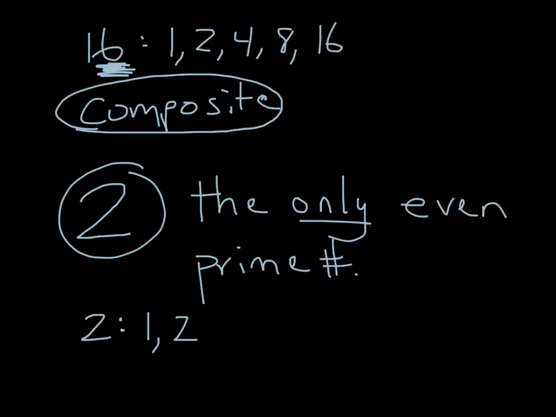Now, does that mean that every odd number is going to be prime? Yes or no? No, that doesn't mean that every odd number is going to be prime. In fact, we had one earlier in the video, the number 9. That's an odd number, but it's not prime. Its factors are 1, 3, and 9. It has more than just 1 and itself.